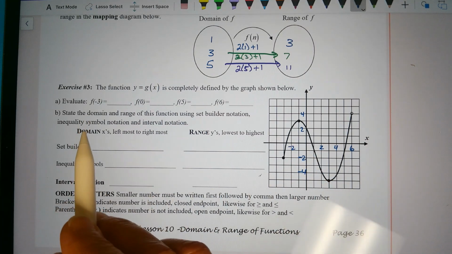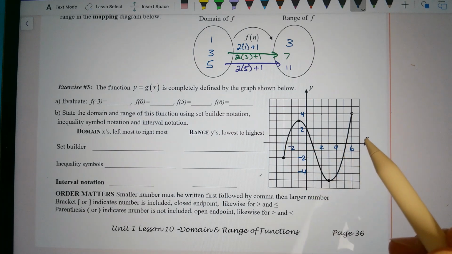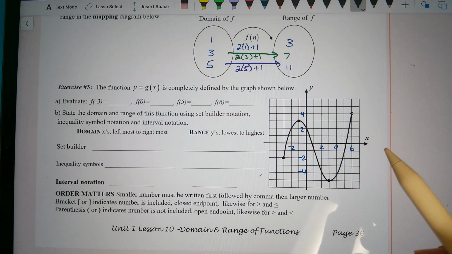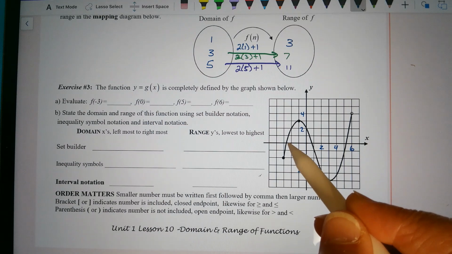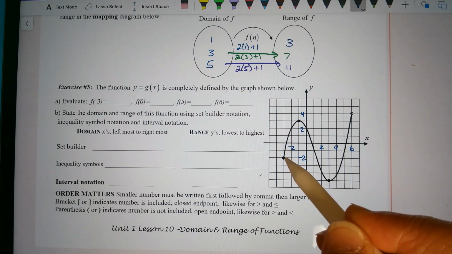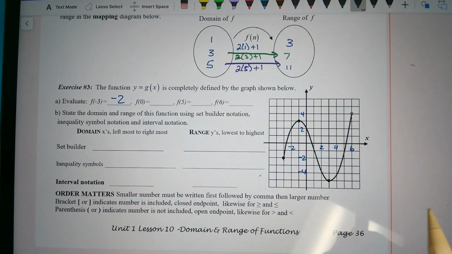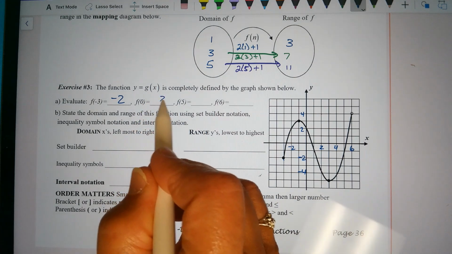All right, so f of negative 3, we are here. F of negative 3 is at negative 2. F of 0, input of 0, output is 2.